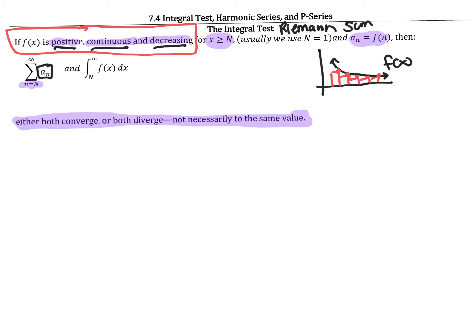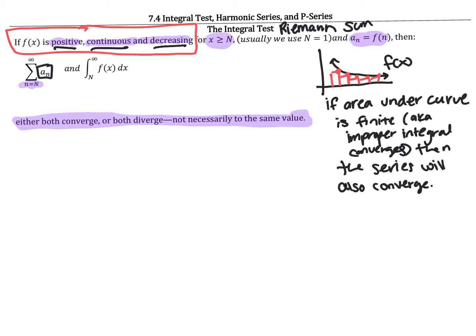So let's write out some of the things that we're saying here. Again, if the area under the curve is finite, if we can find that area, meaning we can evaluate the improper integral and get a value, then we could say that the area under the curve converges, which means that the series will also converge.